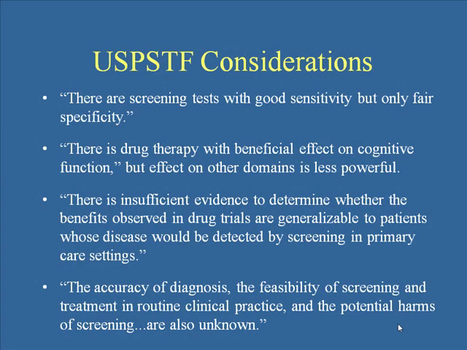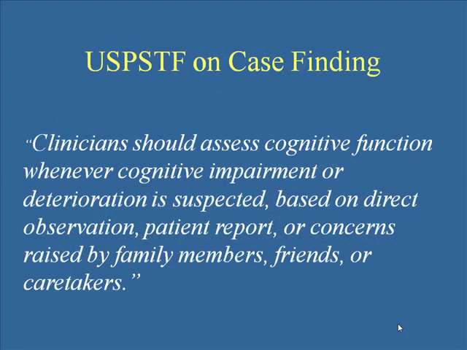They highlight the lack of information that we have with which to direct our practices. Given this information, they essentially concluded that there was not enough information to know whether or not we should be screening for cognitive problems or dementia in our primary care settings.